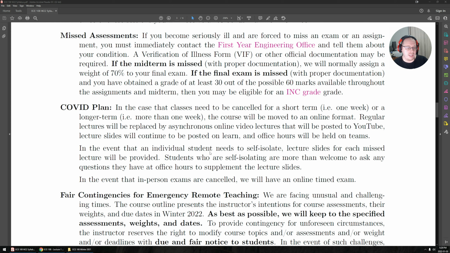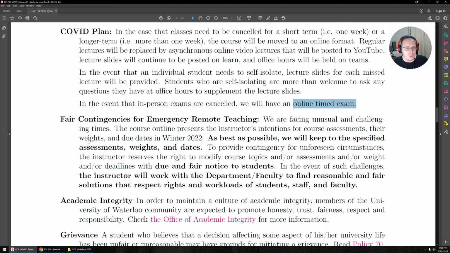Okay, and again, in the event that in-person exams are canceled, we'll have online timed exams. So it'll be similar to Math 115, that type of thing. This little blurb is a blurb that the university asked me to add in. Basically, if things go really, really bad, the weights of the assignments and due dates and all that type of stuff may change.